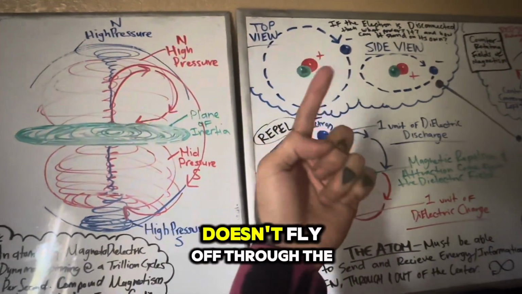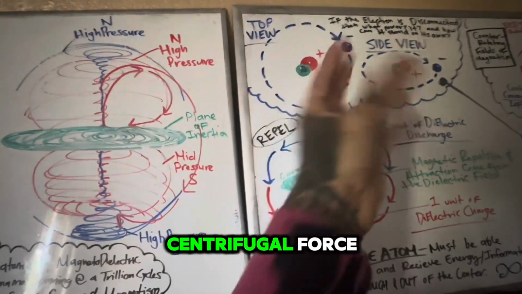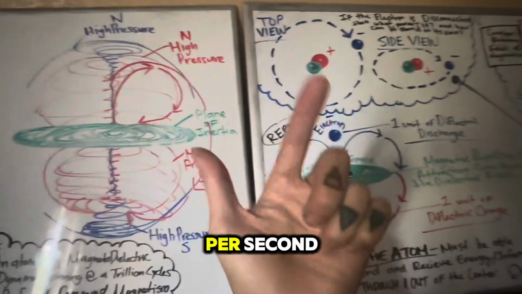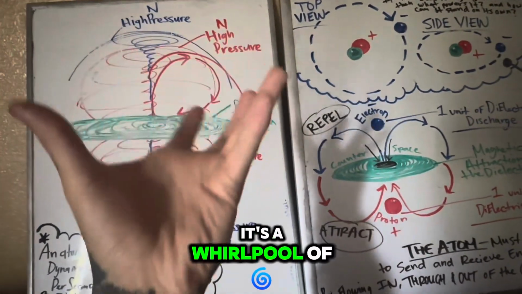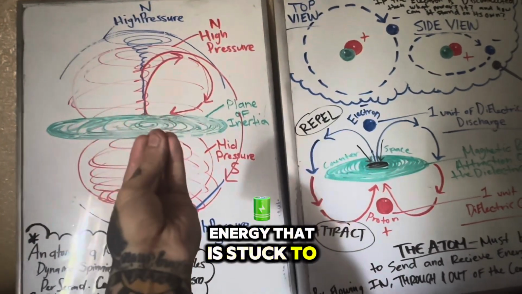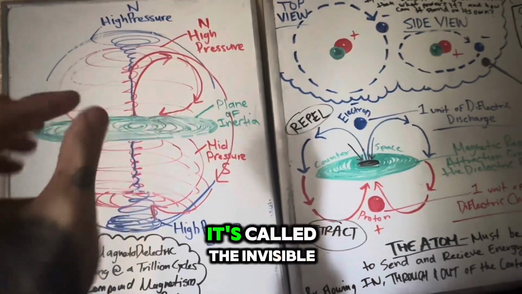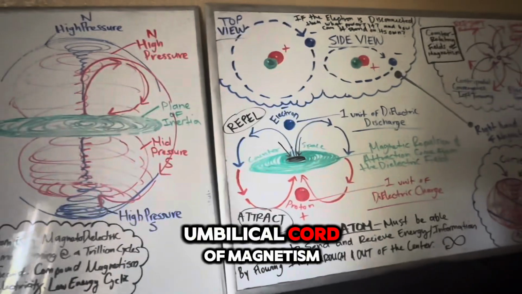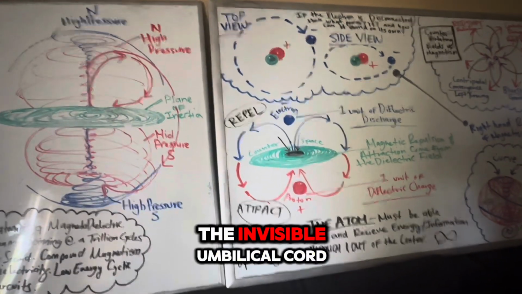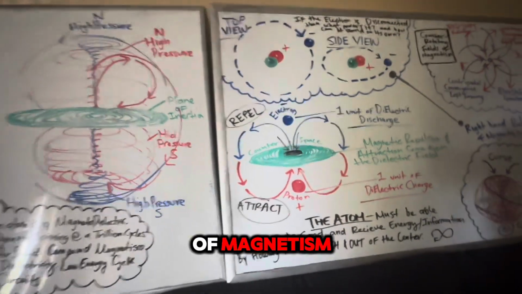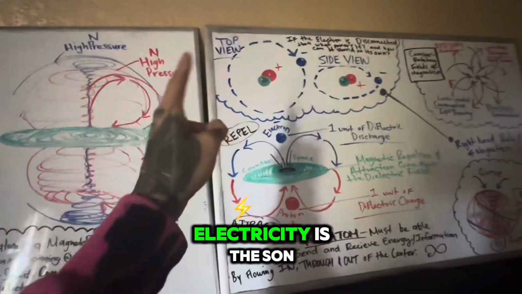So the reason the electron doesn't fly off through the centrifugal force going 1,000,000,000,000 cycles per second is because the electron is not a particle, it's a whirlpool of energy that is stuck to the center like a dog on a leash. It's called the invisible umbilical cord of magnetism. All electricity is carried by the invisible umbilical cord of magnetism. Magnetism is the mother, electricity is the son.